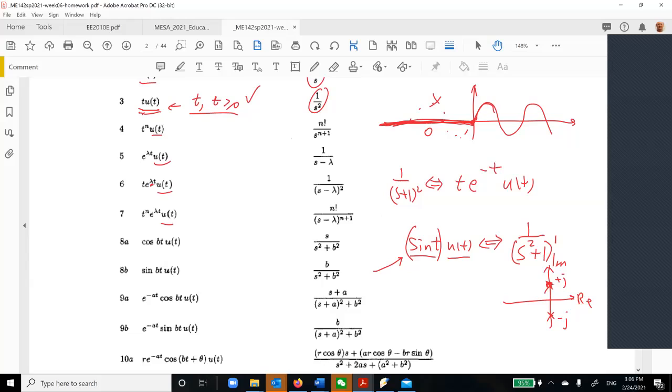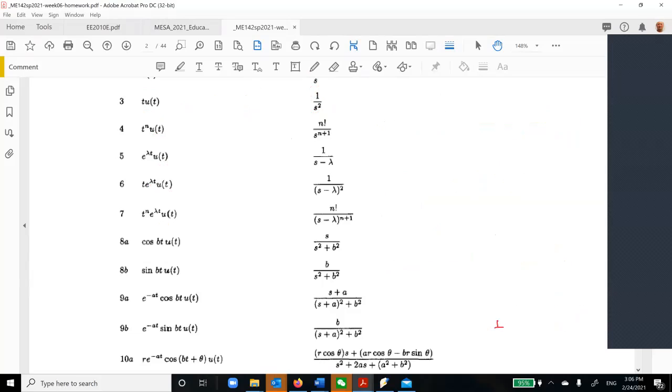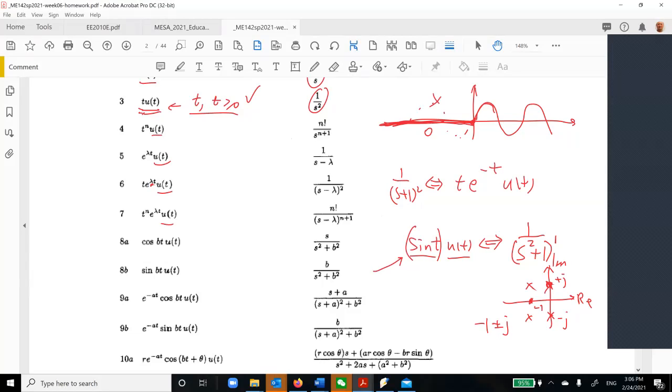But if I move this pair of complex conjugate poles on the imaginary axis, say I move it to minus 1, so here I have minus 1 plus j and minus 1 minus j. What's going to happen?